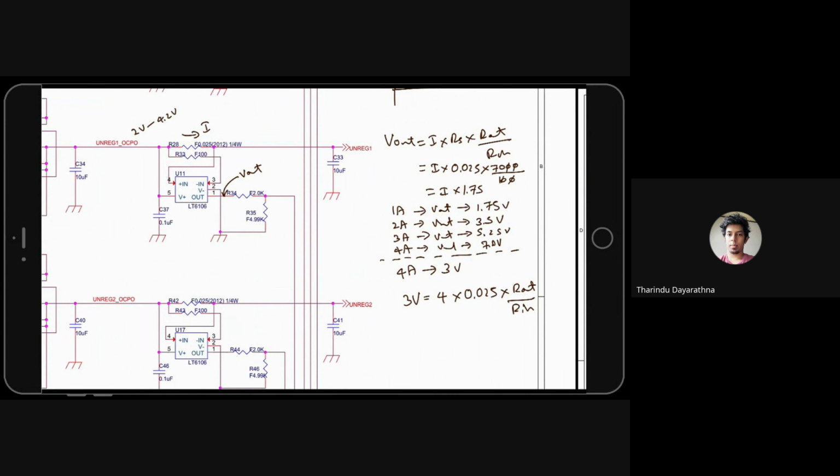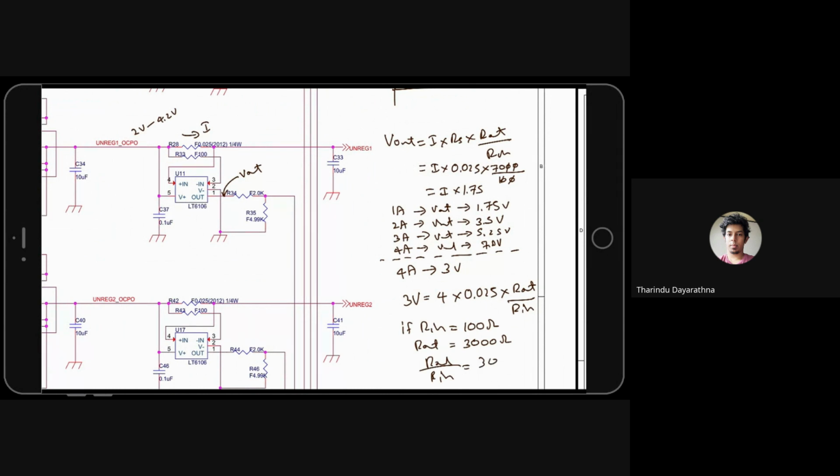Please remember this when you use this OCP. If R in is 100 ohm, R out will be 3000 ohm. So the ratio should be 30. R out divided by R in should be 30. You need to find resistors to satisfy this.